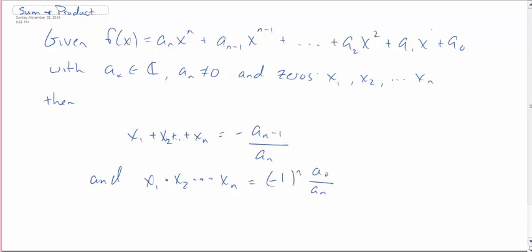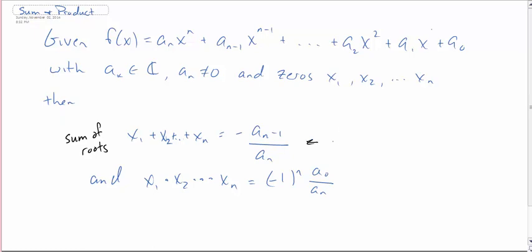Then, the sum of the roots is equal to the opposite of a sub n minus 1 divided by a sub n.